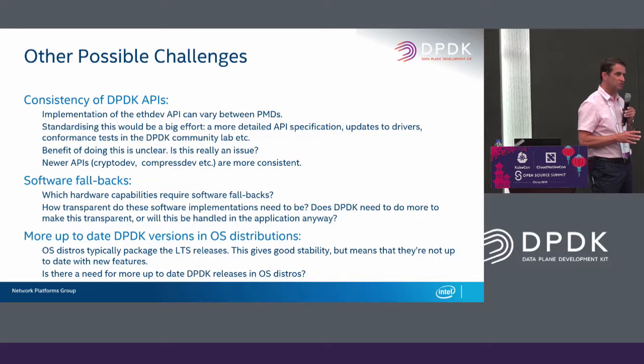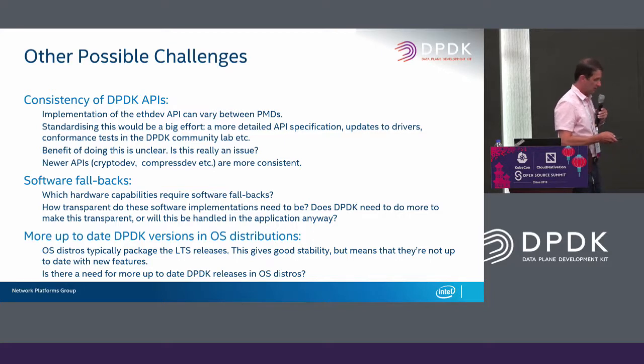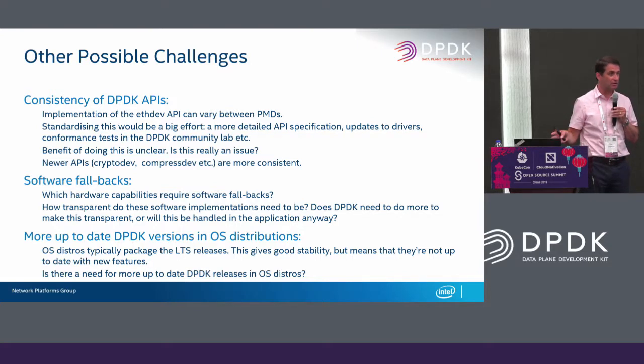Have you seen problems with ethdev behaving inconsistently between one poll mode driver and another? The second area, and it's another area that we've been looking for feedback on, is software fallbacks. There are lots of places where we have equivalent implementations in software. Take the CryptoDev API, for example: you can accelerate in hardware, or you can accelerate using software libraries.